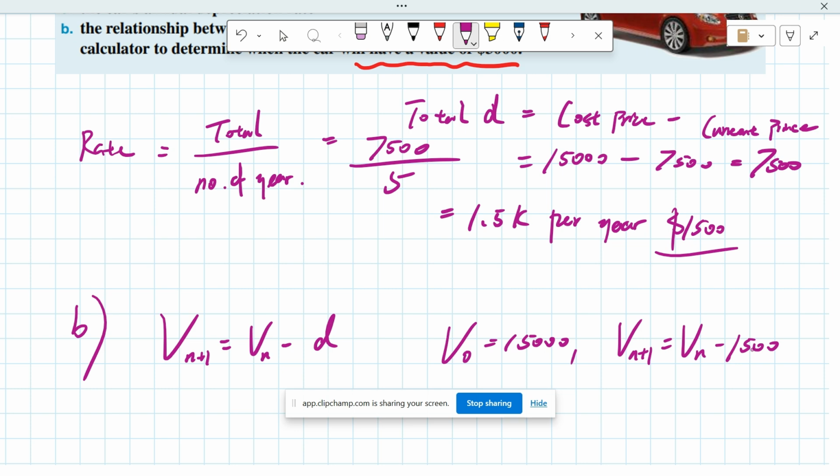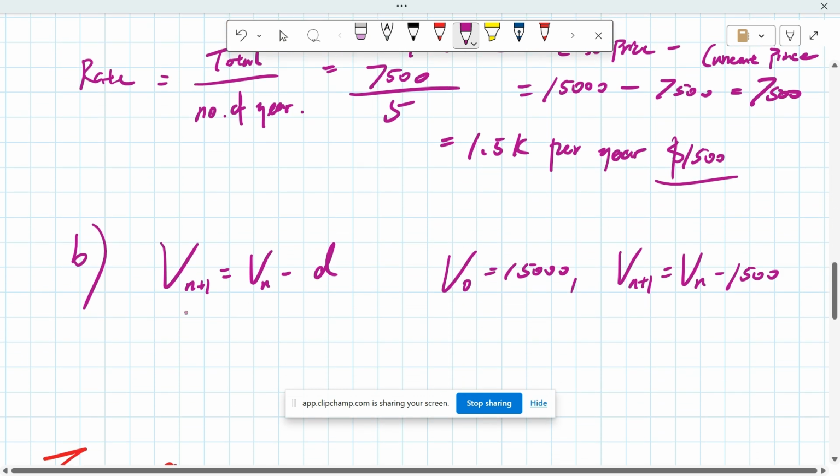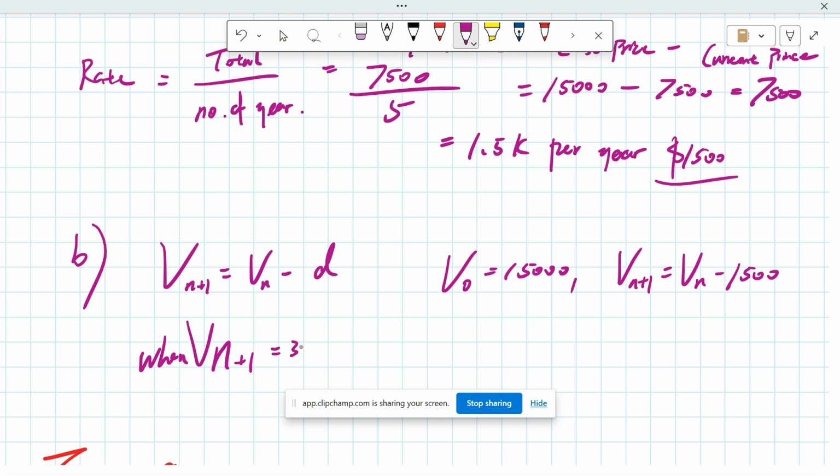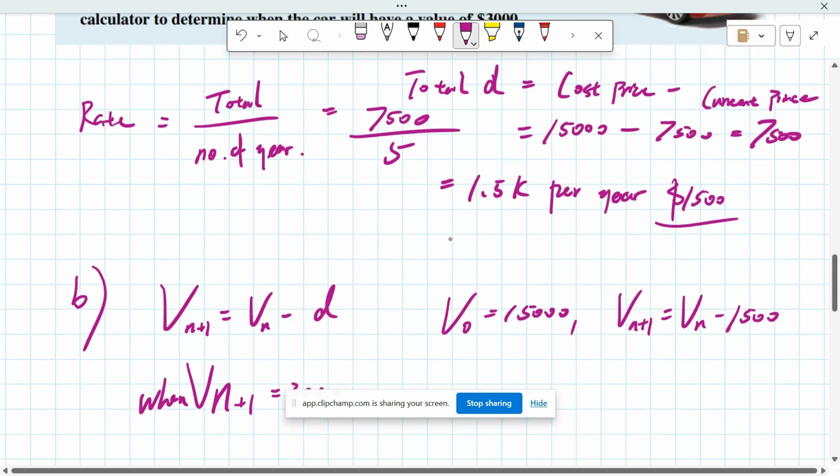Then calculate when the value is equal to 3,000, which is when Vn plus 1 equals 3,000, and when Vn equals 3,000.